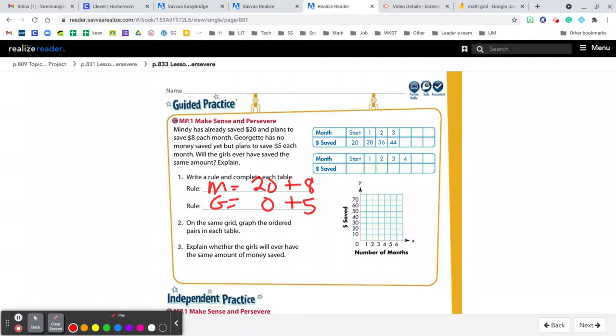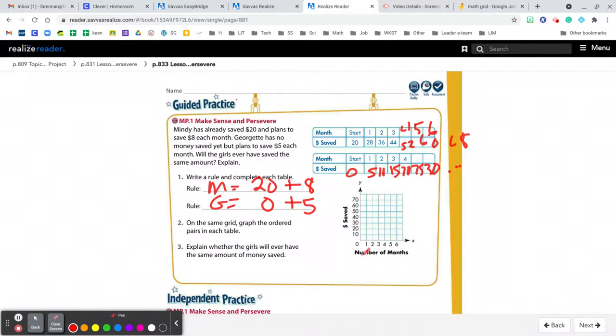So as you fill out the chart, she'll have 52, 60, and 68. And if Georgette starts at 0, we're just going to count 5, 10, 15, 20, 25, 30, and so on.